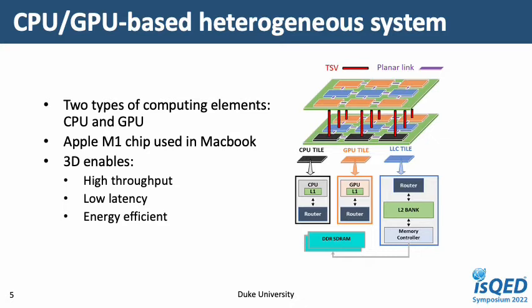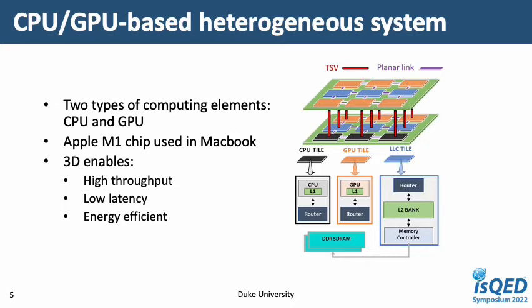We also have some LLC tiles. LLC stands for last level cache. These tiles will have the L2 cache and the memory controller that connects to the DRAM. Again, CPU GPU based heterogeneous systems are already being used, like the Apple M1 chip, which uses CPU, GPU and neural processing unit, and these designs are used in MacBooks.